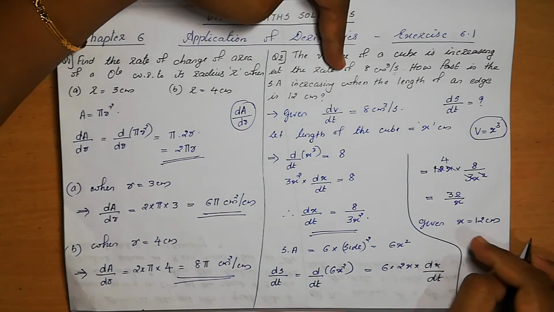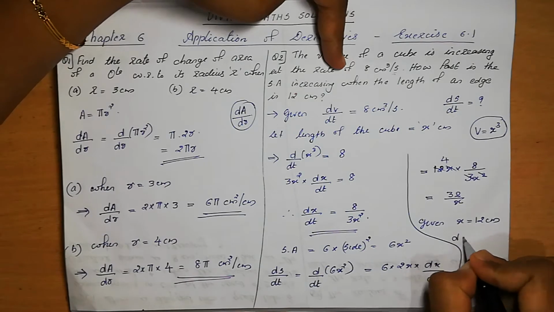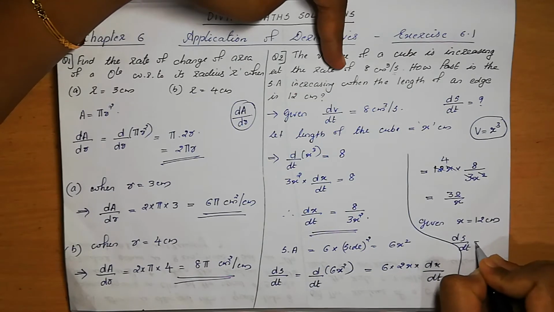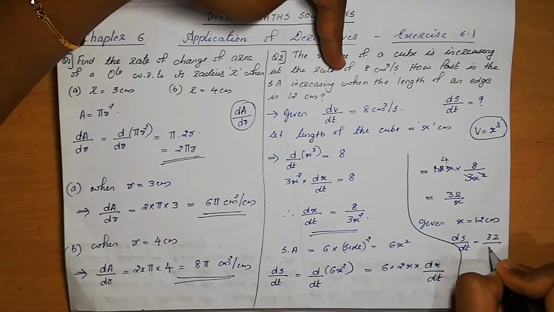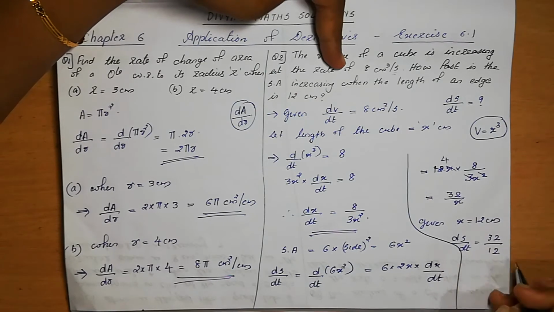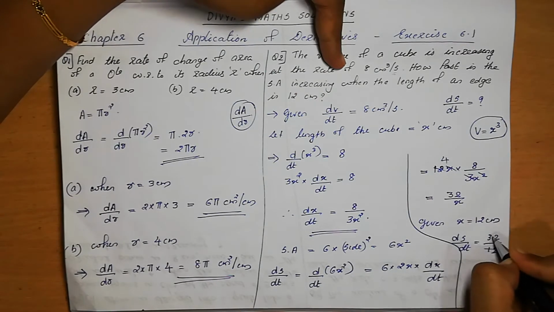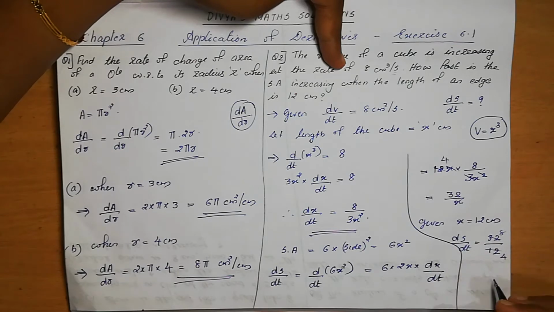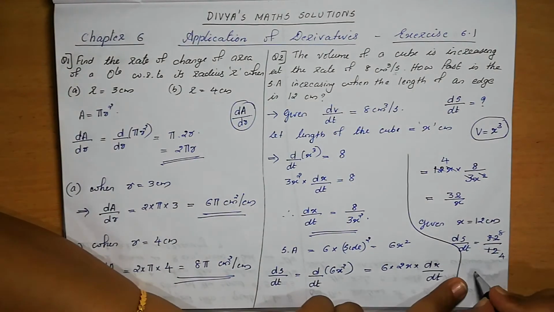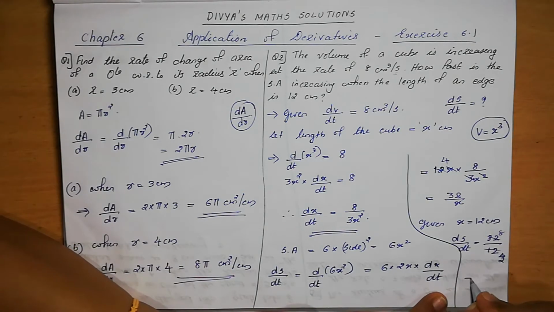That means when x is 12 centimeter, ds by dt equal to 32 by 12. 4 3s are 12, 8 4s are 32, so we will get 8 by 3.